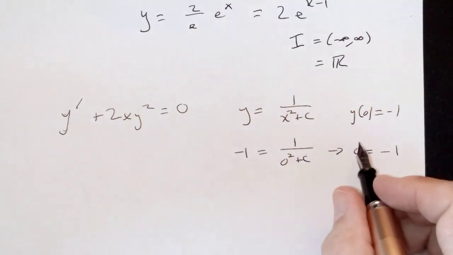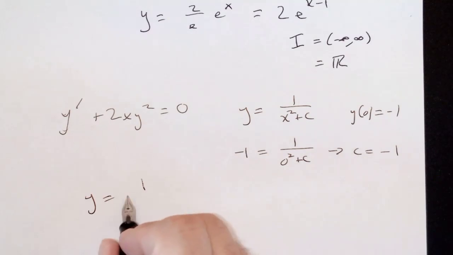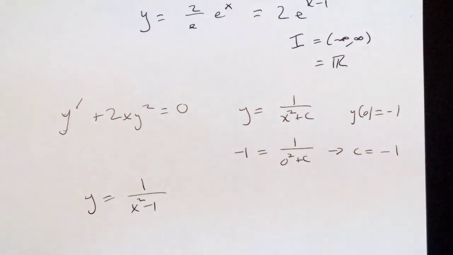So with that in mind, my solution is 1 over x squared minus 1. Houston, we have a problem. I want you to graph that for me.